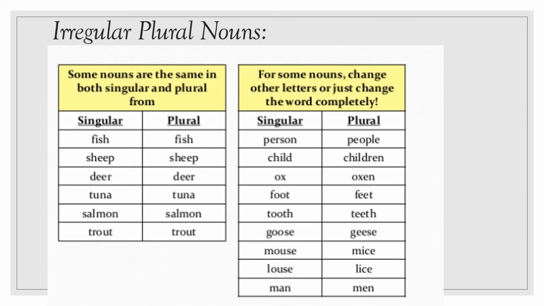Mouse, mice. Louse, lice. These are insects that grow in the hair sometimes. Man, men. So these are examples of irregular nouns that don't follow a specific rule and the word completely changes, and we just have to memorize them and use them a lot in order to know them.